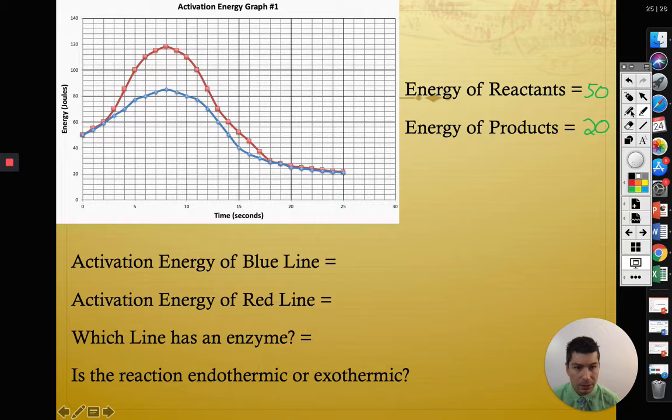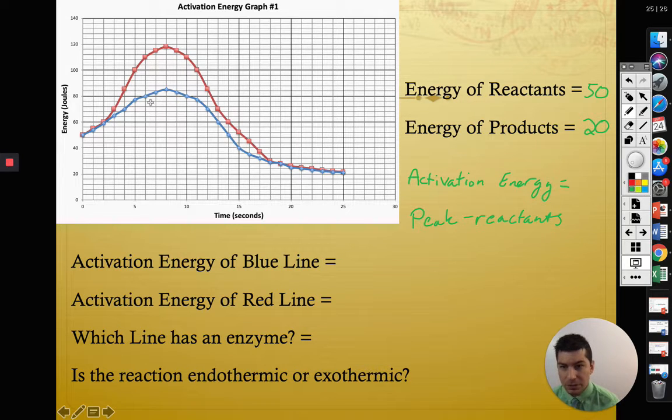Okay? Our next one, activation energy of the blue line. If you remember how we calculate activation energy, it is our peak minus the energy of our reactants. So let's do the blue line first. We're right here.